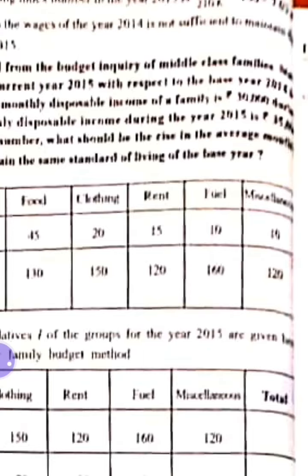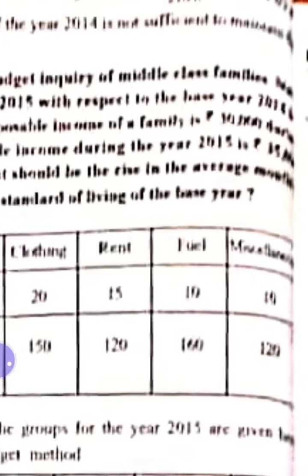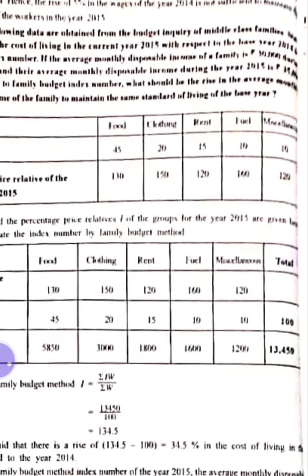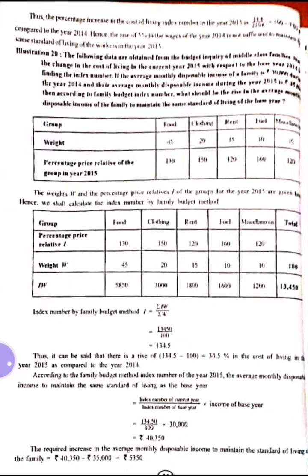It's coming up to something like 7.03. It is a little bit not clear to see, but the answer is 7.03. So an increase in the wage of 5% is not enough to maintain the standard of living. To maintain the standard of living, there should be a hike of 7.03%. Got that clear? So that is how we do this 19th sum.